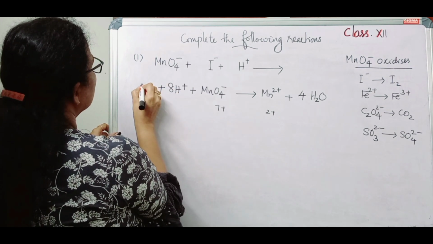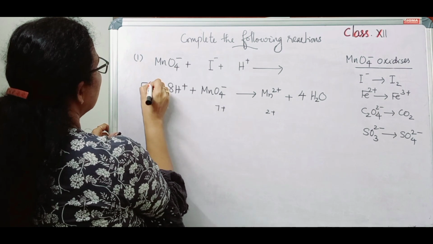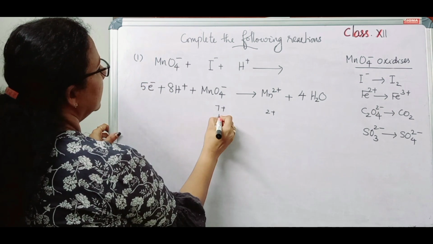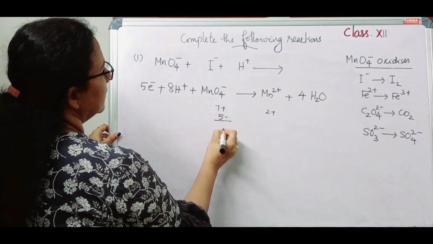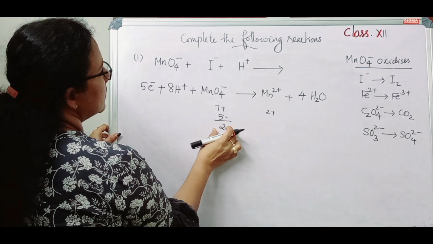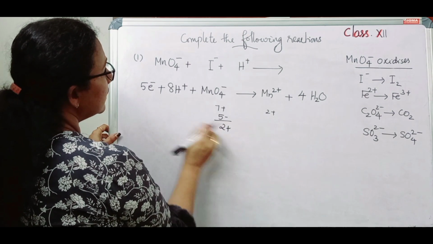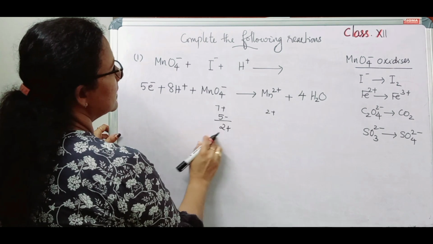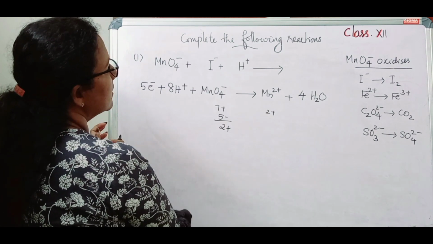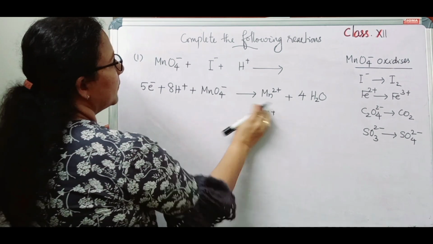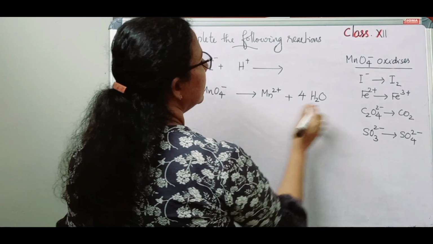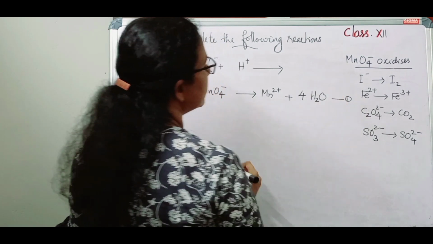So 5 electrons are to be added here. 5 minus charge means the left charge is 2 plus. Here also 2 plus. So the charge is balanced now. This is the first equation and it is a balanced equation.